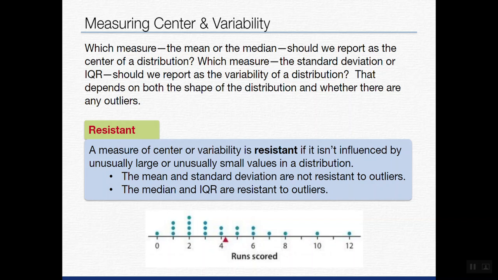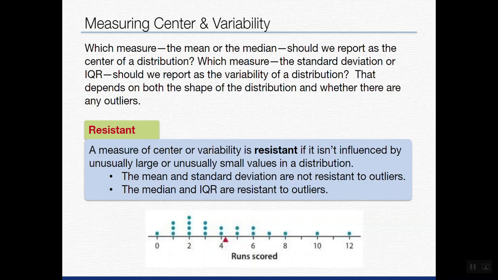The mean and standard deviation are not resistant to outliers, which means that if there is an outlier, those values are going to be affected by those outliers.